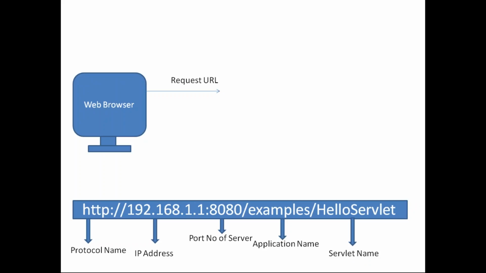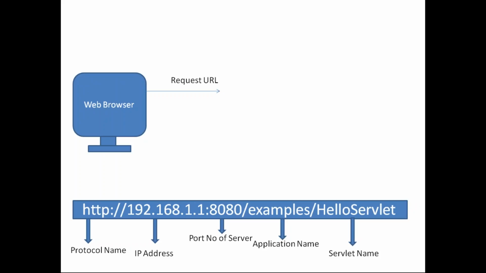We need to write this complete URL in the web browser, and when we press enter, the request will go to the particular IP address machine, and in the machine 8080 is a port number, and this port number is reserved for Tomcat server. So the request will automatically come to the Tomcat server. Inside the Tomcat server, it finds the example application name.